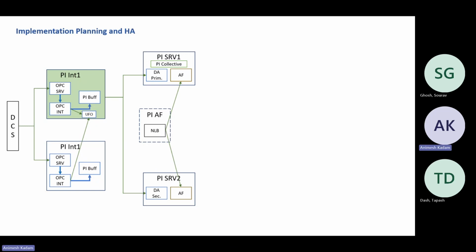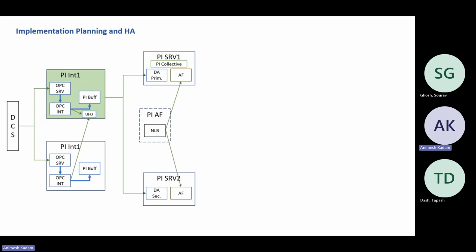Here again, I have kept data archive and AF server on the same system. But the AF will be two separate instances. So AF will not actually be talking to each other. What you will be doing is using a network load balancer to access the AF.